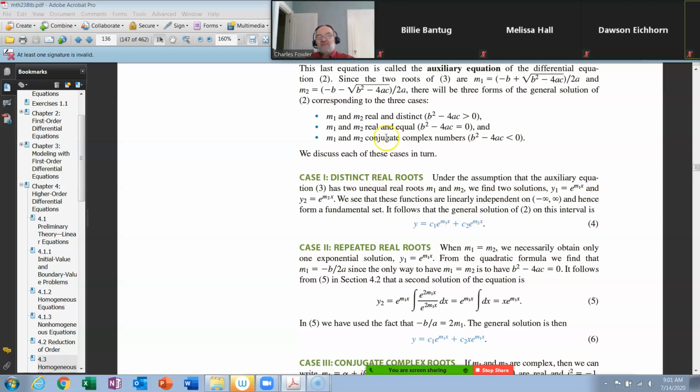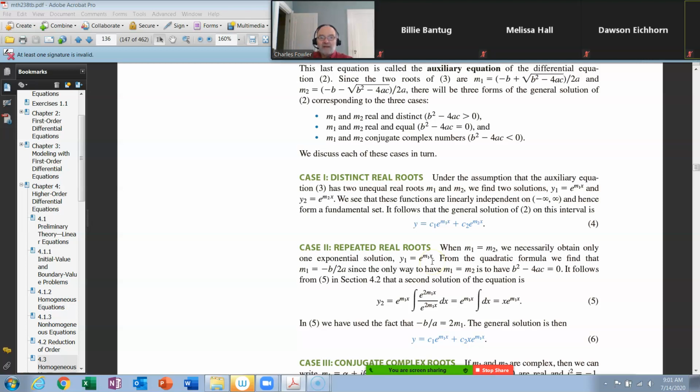But what if we have that second case where M1 and M2 are real, but they're the same number? They're equal to each other. That's when the discriminant is 0. You just have M1 and M2 are both minus b over 2a. That's it. That's all you got, okay? Now, you get one solution, y is equal to e to the M1x or M2x.